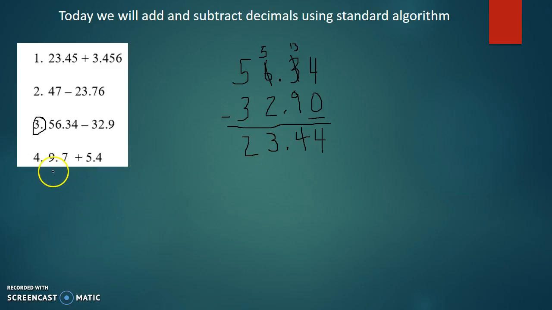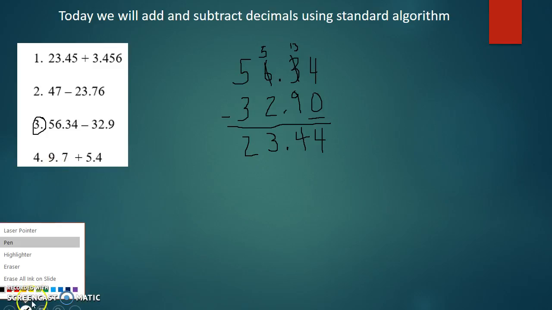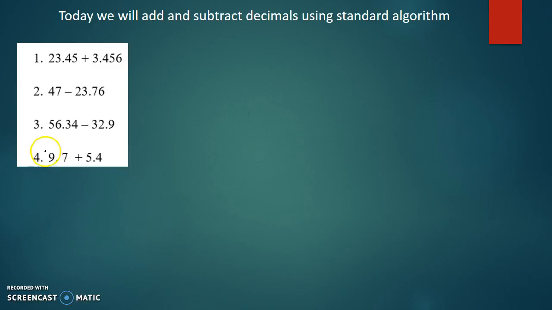Now I want you to pause the video one more time and do number 4. Okay, now let's look at number 4. Number 4 has 9 and 7 tenths plus 5 and 4 tenths. So I have 9.7 plus 5.4. 7 plus 4 is 11.